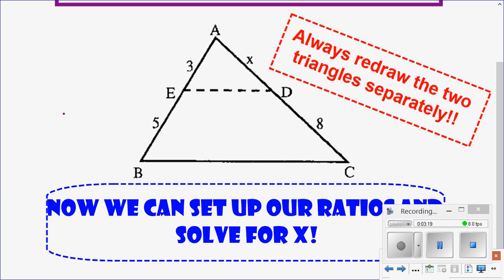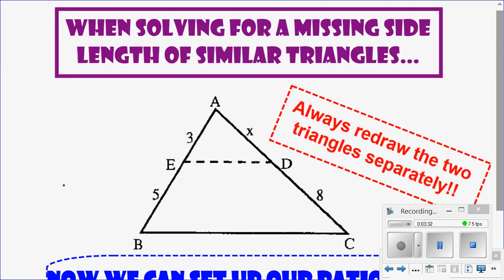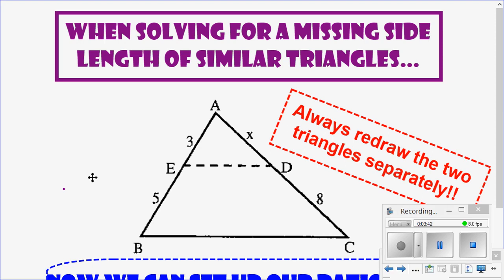So let's see if I can draw that separately. Okay, so now I got it. So I'm going to just draw that other triangle, the small one, right beside.